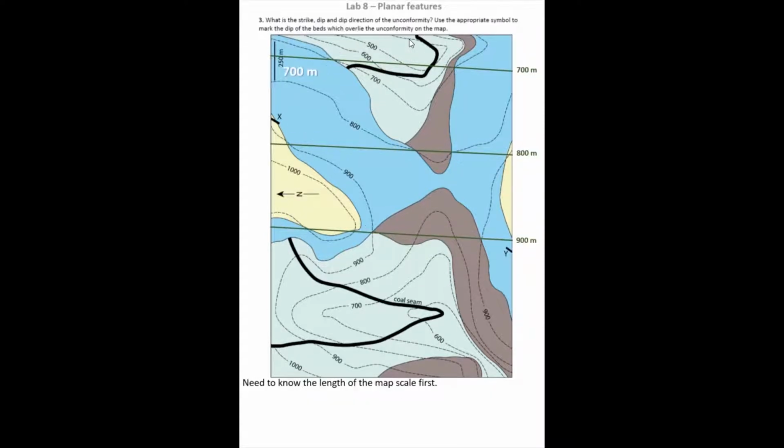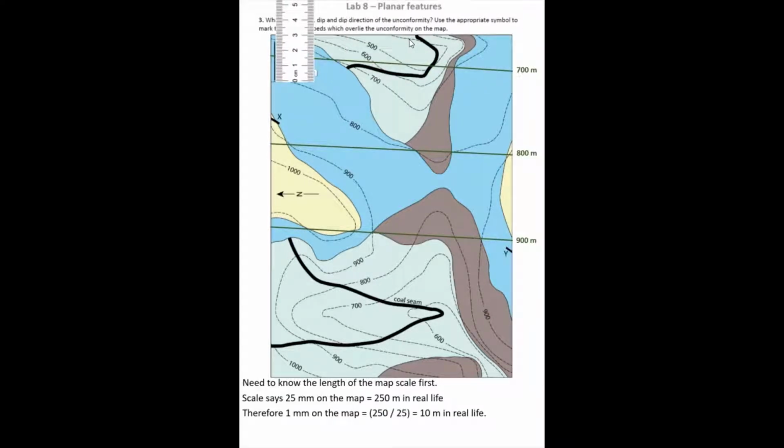The next question asks us to find the strike, dip and dip direction of the unconformity, and then to mark the dip of this unconformity in the beds above the unconformity with an appropriate symbol. We first need to figure out the scale of the map.